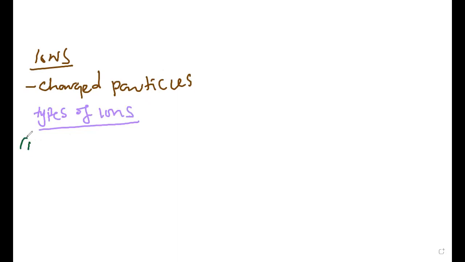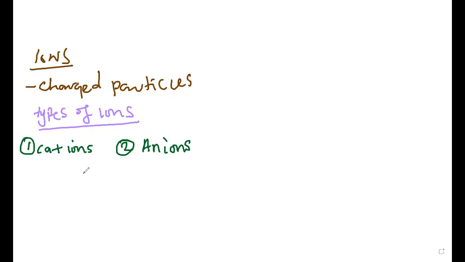Number one, an ion can be positive or it can be negative. So we have what you call cations. Then the other type of ions that we have are anions.